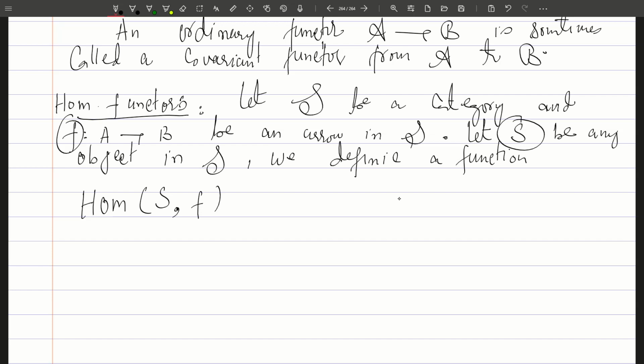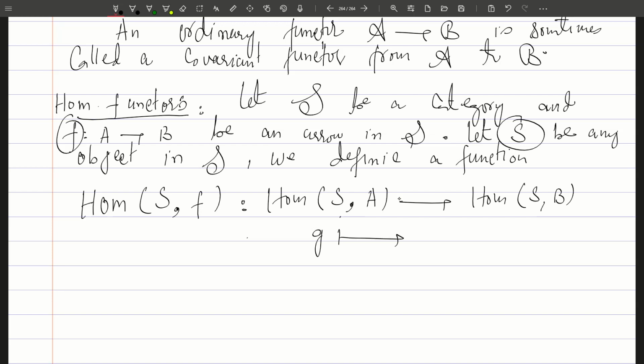Now this Hom of S, f is a function from the hom set, the set of all arrows from object S to A, to the set of all arrows from the object S to B. So this carries an element, suppose we have an arrow, say g here. This g is carried to the morphism f composite g.